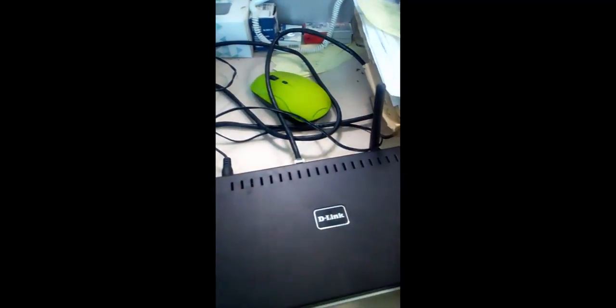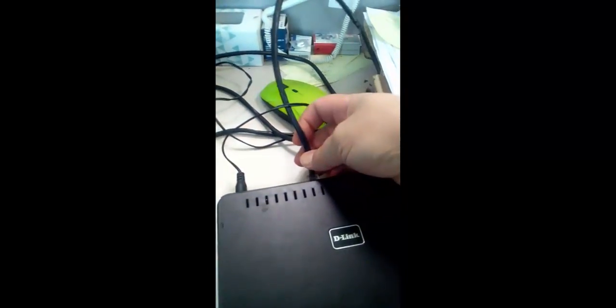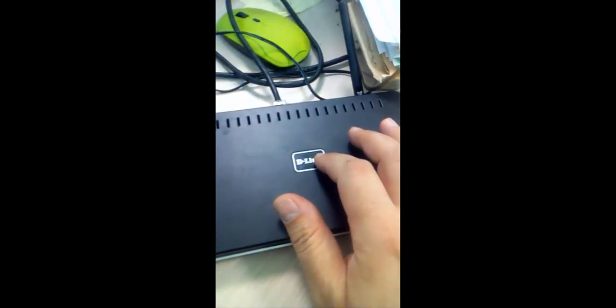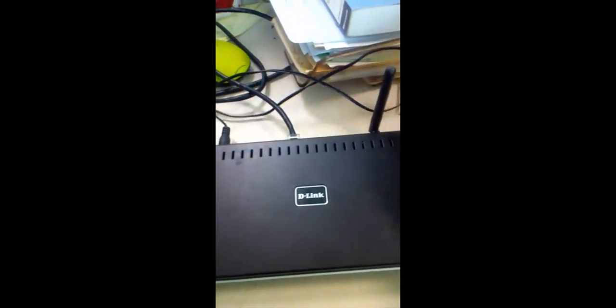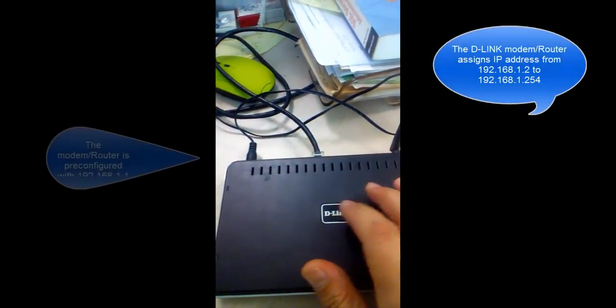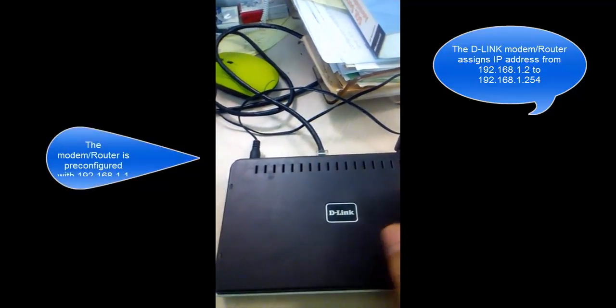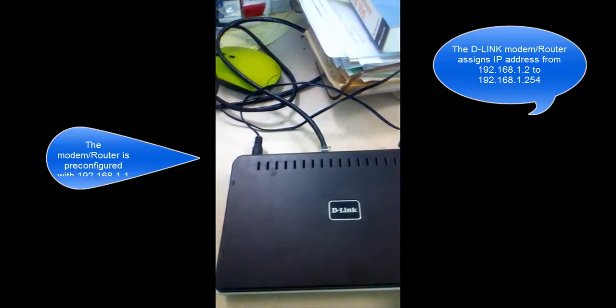So let's get to the navigator, and we connect a network cable to my laptop. Basically, it has a built-in DHCP. It's a small DHCP. Whatever device is connected to the modem router through the wireless connection or the network connection, the DHCP will assign IP addresses to all connected devices, whether your laptop or your mobile phone or your camera.